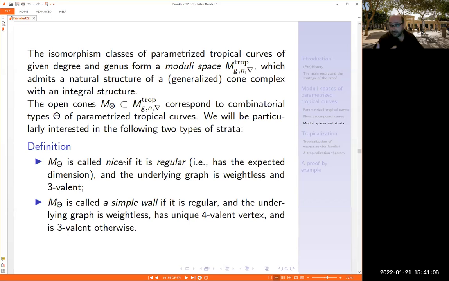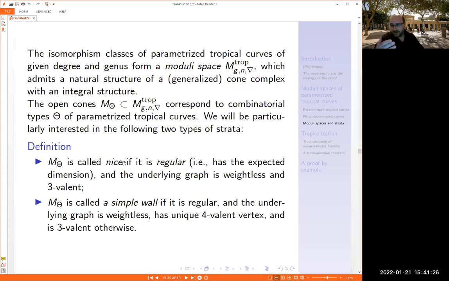So there may be some cones of superabundant dimension, they are not nice. But the maximal cones of expected dimension, these are precisely the nice cones defined here. And the second type is the simplest possible degeneration of nice cones.